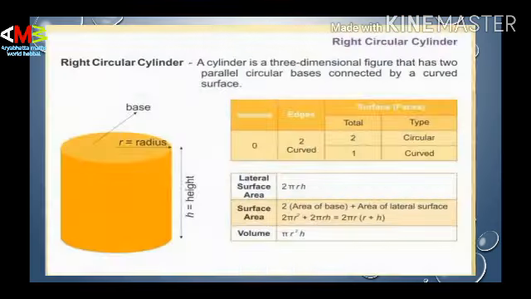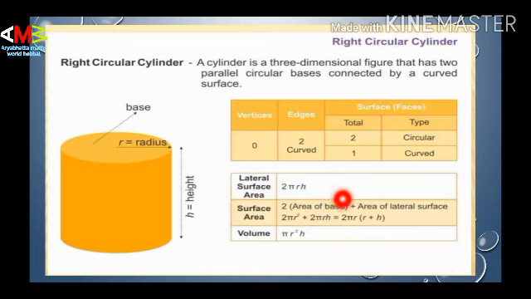Let us learn the cylinder, the right circular cylinder. A cylinder has a radius, from this point to this is the radius, this is the base, this is the height. Here also 3 formulas are there. Lateral surface area is 2 pi r h, where r is the radius, h is the height, and pi value is 22 by 7.